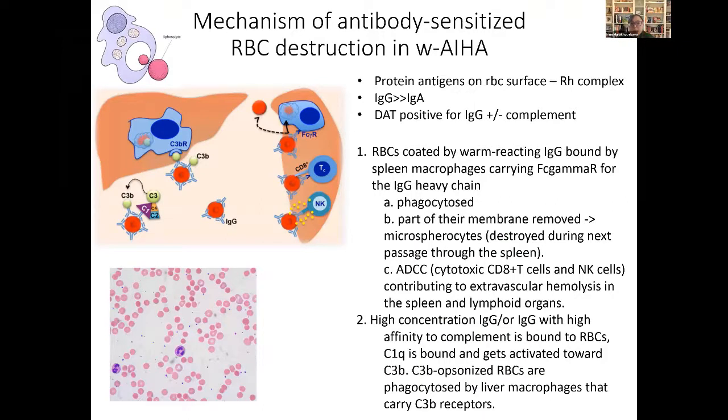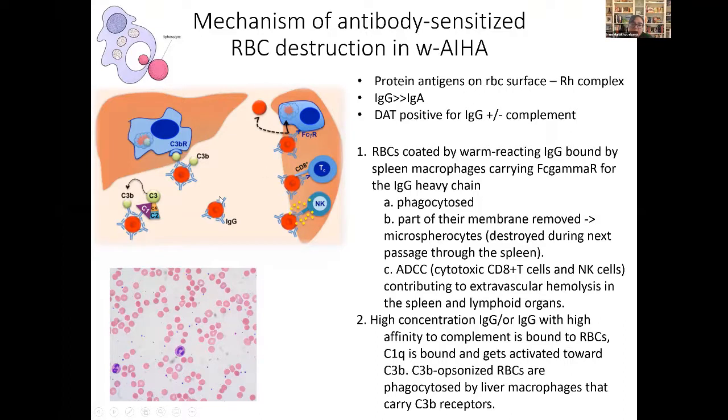So what's the pathophysiology of red cell destruction in warm autoimmune hemolytic anemia? It actually goes way beyond a simple phagocytosis of antibody-coated red cells, and involves several different mechanisms.